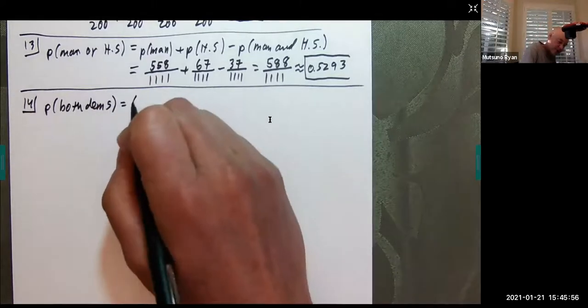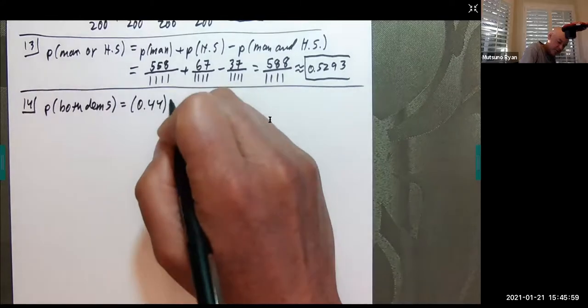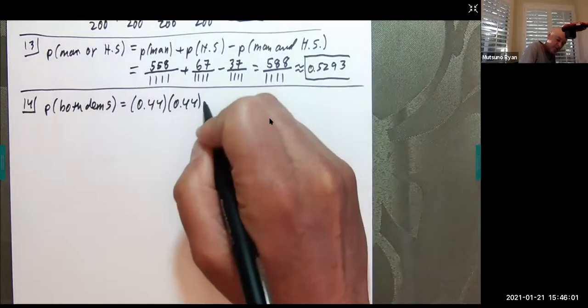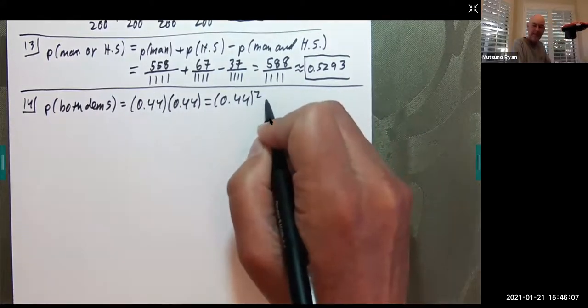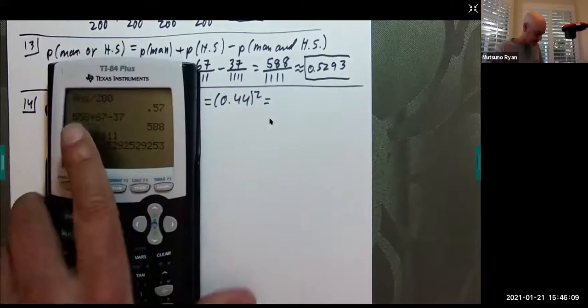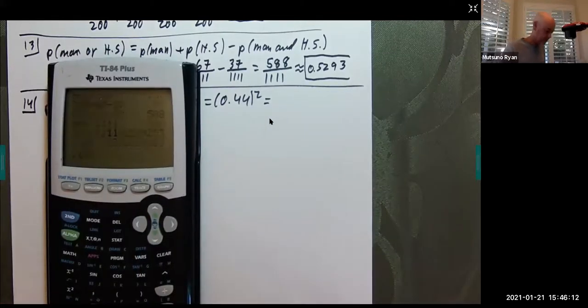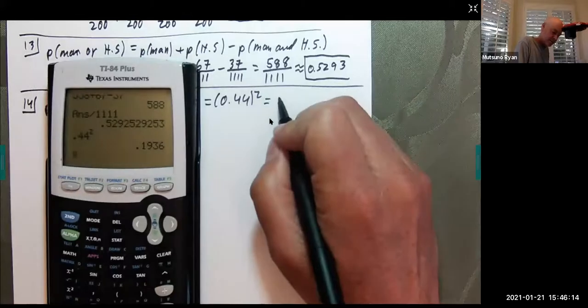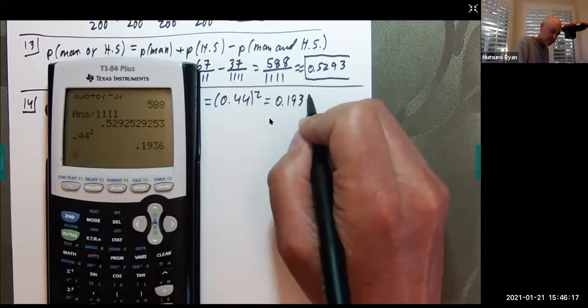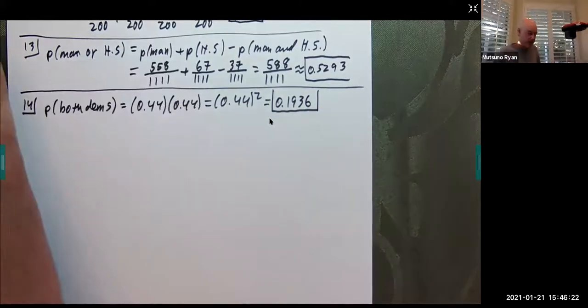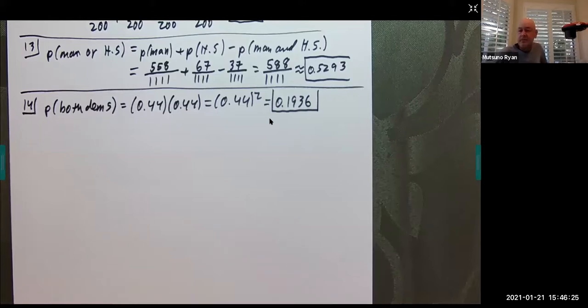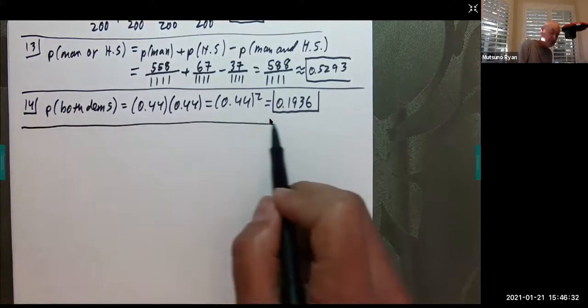Well, they both equally have 44%, which we would normally write as 0.44 squared. So what's the probability that both would be Democrats in this particular town? About 19% would be the chances of you randomly selecting 2 Democrats in a row, pardon me.